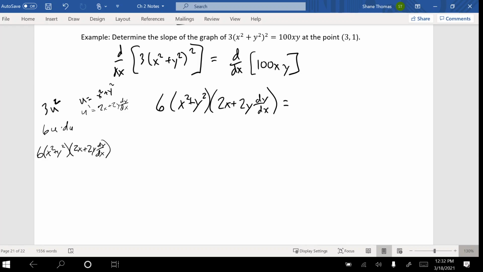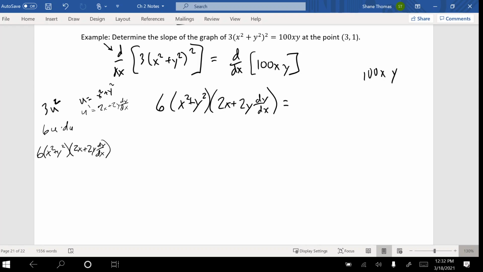Now the right side. I'm looking at this as a product rule. We'll treat this as 100x and then y. We'll split it right there. So then the right side, we're looking at the 100xy.